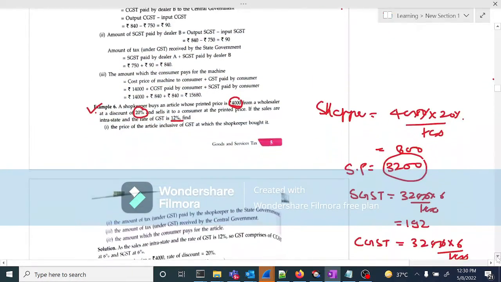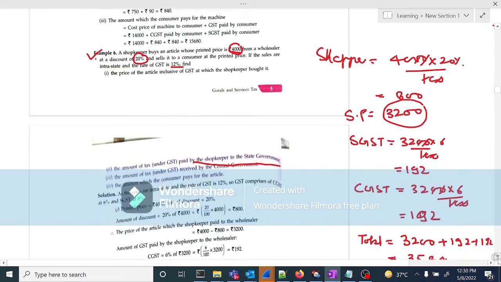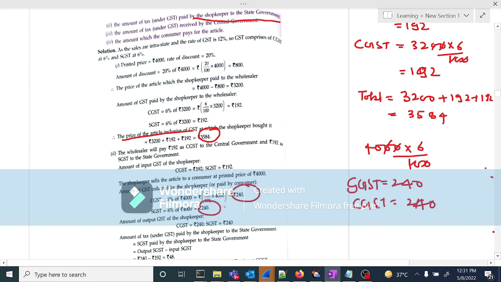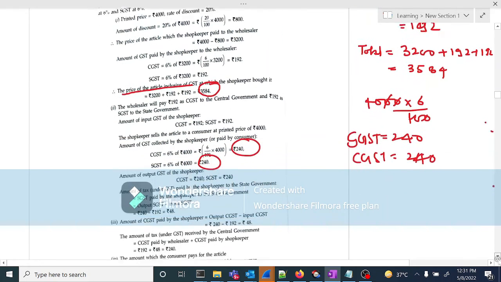The second part was the amount of tax under GST paid by the shopkeeper to the central government and the state government. So how much did he pay to the state government? We'll figure it out. Now he is selling to the consumer at the market price of 4,000. On that there is GST of 6%. So GST is how much? 240. 240 is my SGST and CGST is also 240.